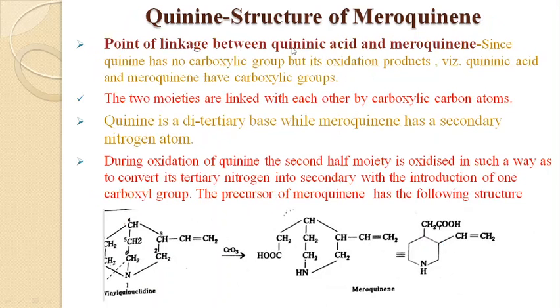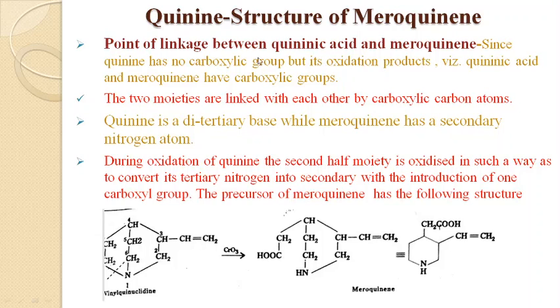Next, a very important point: we have determined the structure of meroquinone, and in the previous lecture we determined the structure of quininic acid. Now in quinine, how are they joined, that is, the point of linkage between quininic acid and meroquinone? This is very important from the examination point of view also.